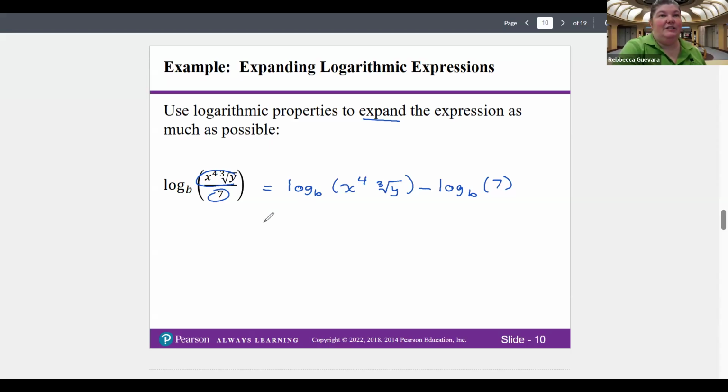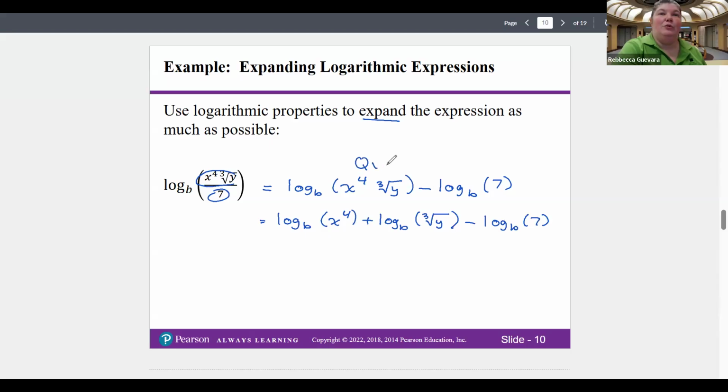Now we have a product here, so I can break that up further. I've got log base b of x to the fourth plus log base b of the cube root of y, and then we still have that minus log base b of 7.